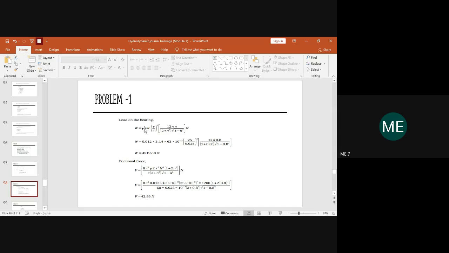So in the load bearing capacity equation, it will be the combination of all these parameters. Mu will be the viscosity, and U will be the speed with which the journal is revolving. So you need to calculate the value of U.